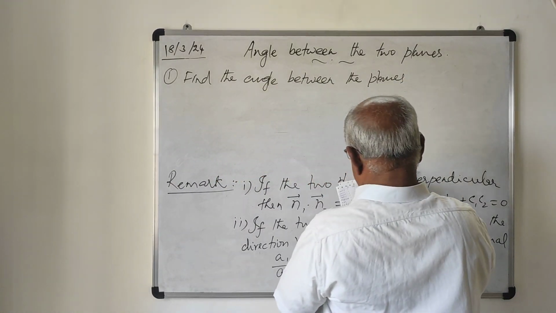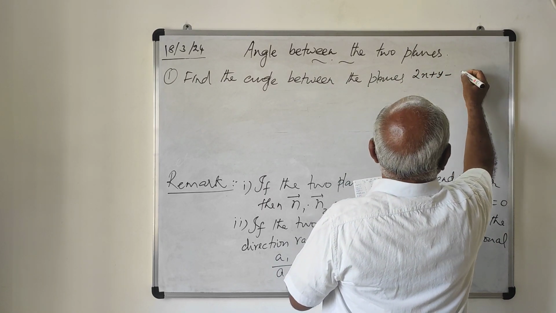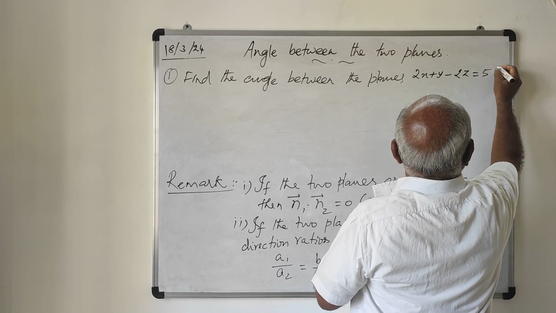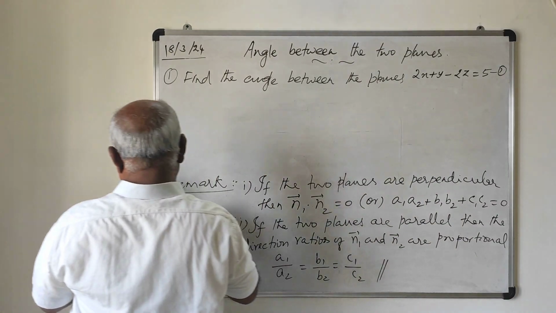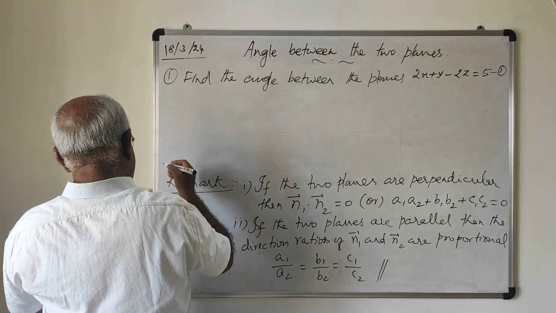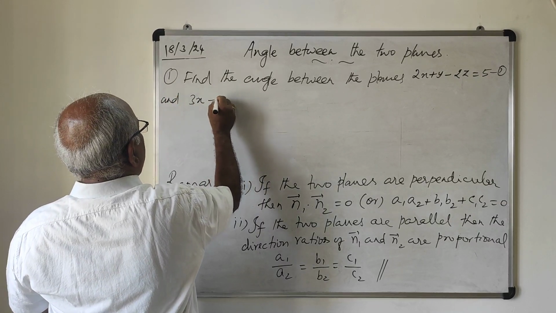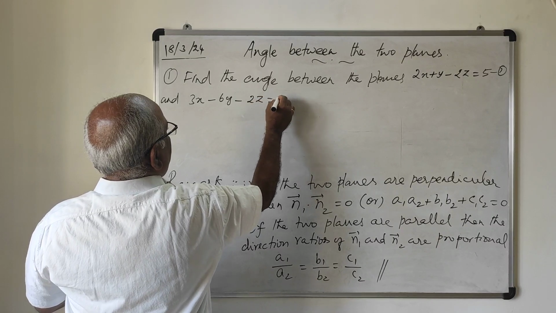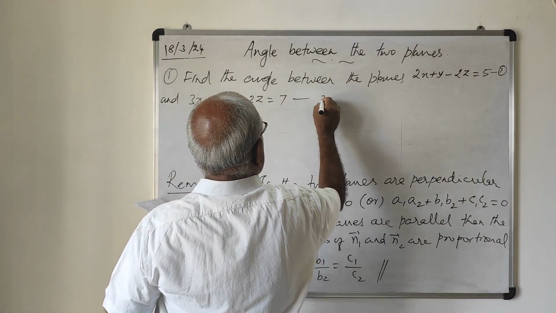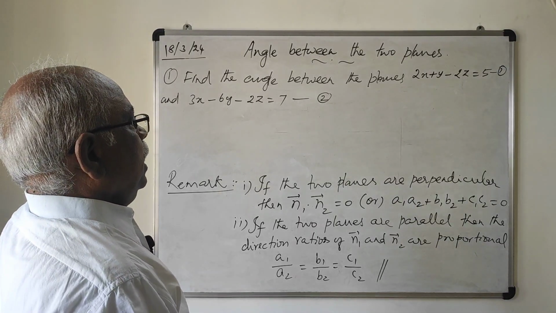The first is 2x plus y minus 2z equals 5. This is plane 1. And plane 2 is 3x minus 6y minus 2z equals 7. This is plane 2. Find the angle between these two given planes.